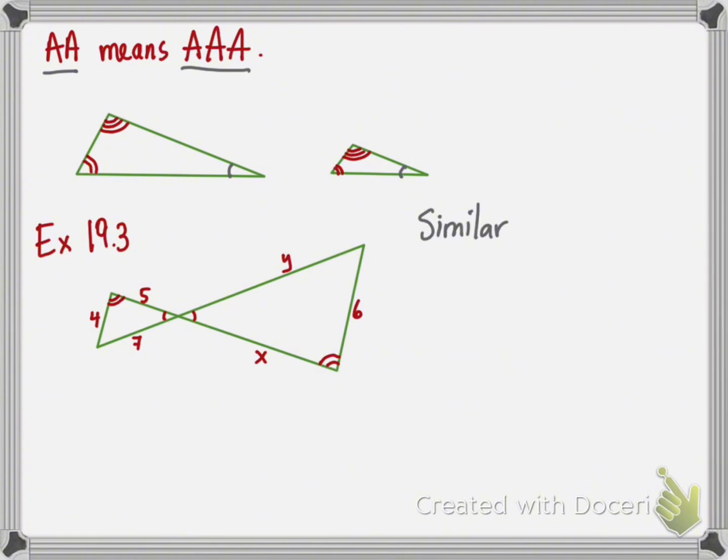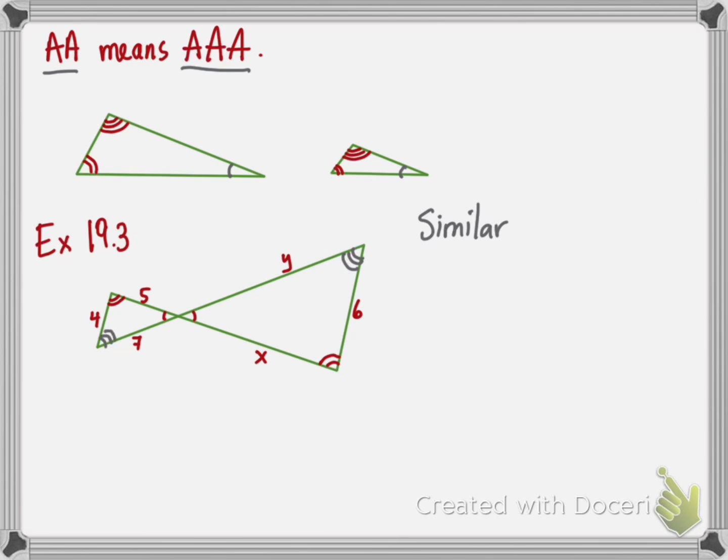In this case, they're telling us that these two are the same, and they are the same because they're vertical angles. And then they're also telling us that these two angles are the same. Now in this case, they're just showing us with the little marks, and so we know that they're the same. So we can be sure that this is also the same.